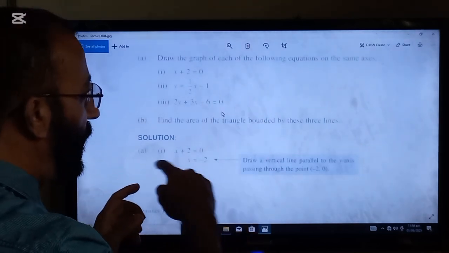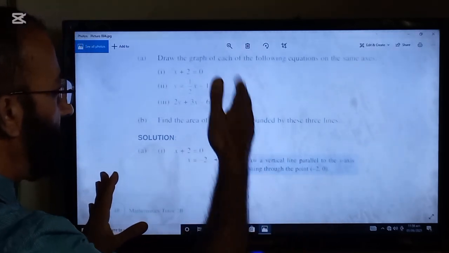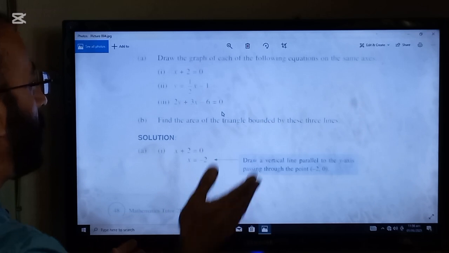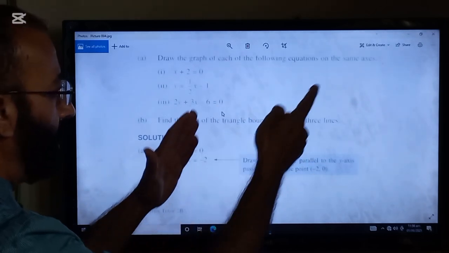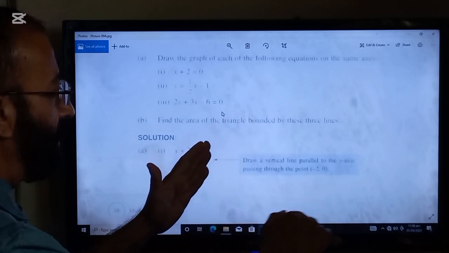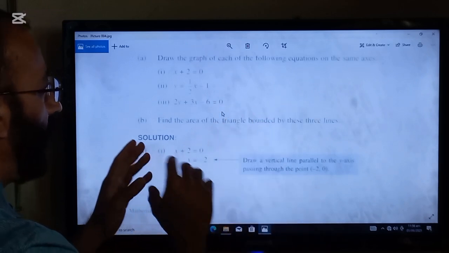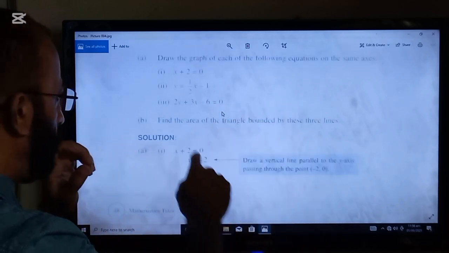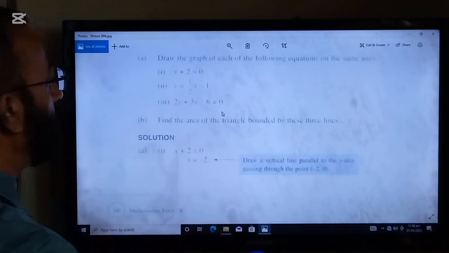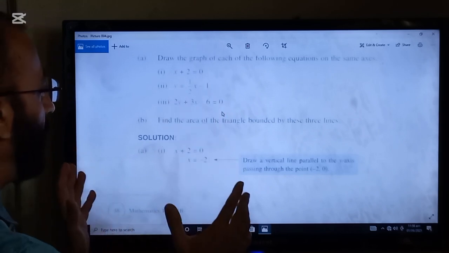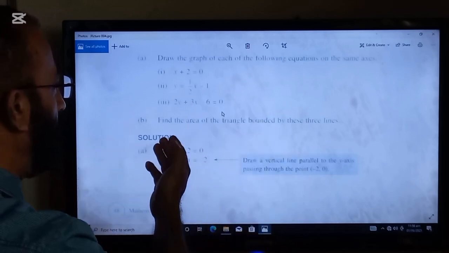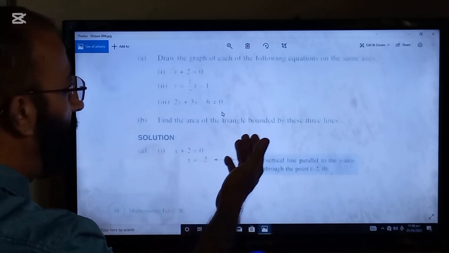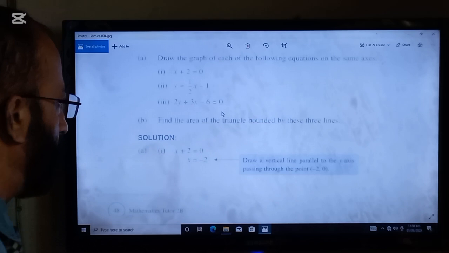We will take a scale on the x-axis and y-axis, draw the values of all three parts on the same graph paper, join the points with the help of the scale, and label the graphs with these equations. And finally, you will see after making the graph that it will become a triangle. So the requirement is to find the area of the triangle bounded by these three lines.